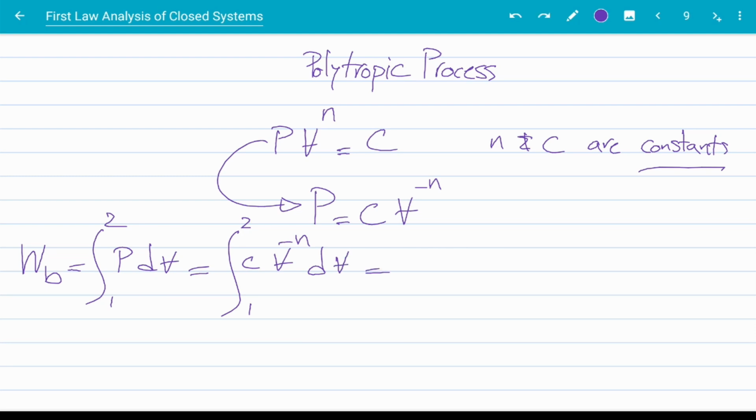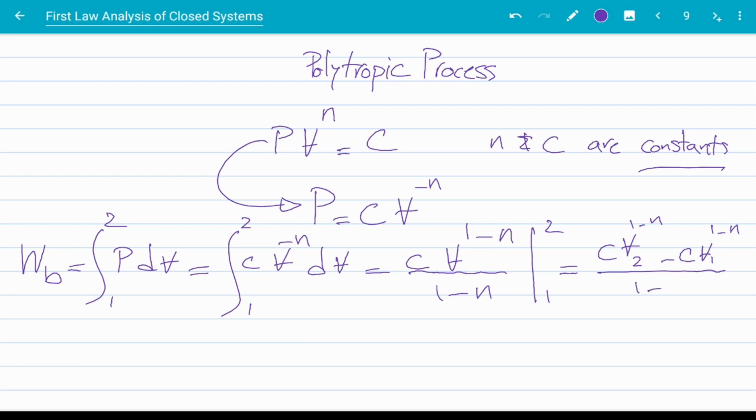Now the answer to this integral is C V to the power of 1 minus n over 1 minus n from 1 to 2, which is C V2^(1-n) minus C V1^(1-n) over 1 minus n.